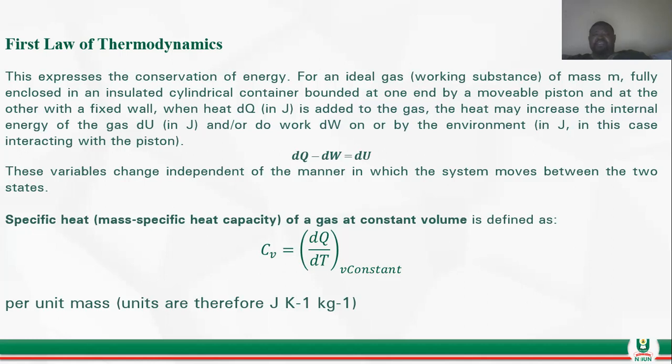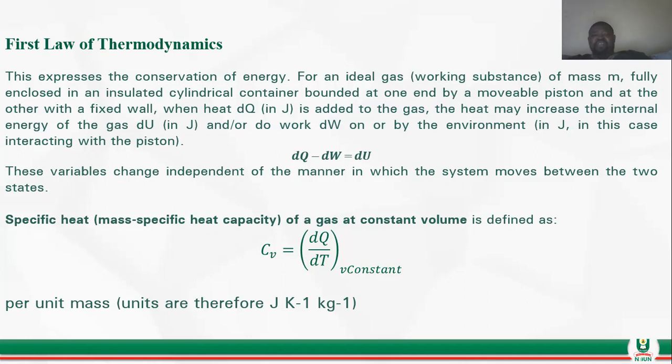The equation is given as dQ, which is heat, minus dW, which is the work done, equals dU, which is the internal energy of the gas. These variables change independent of the manner in which the system moves between the two states.